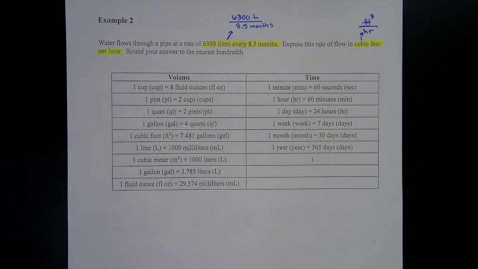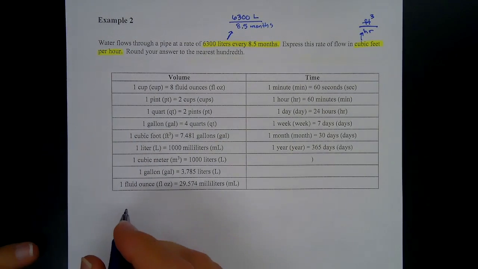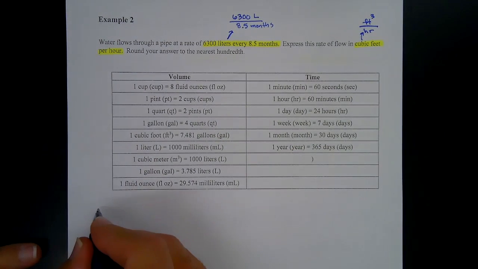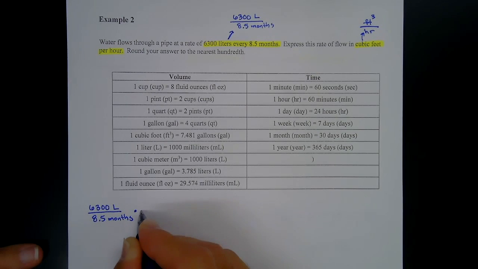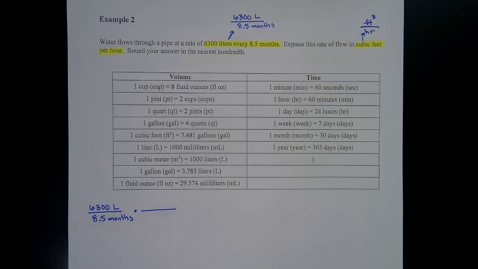All right, so here we go. So we have 6,300 liters over 8.5 months, and then times. It doesn't matter which one you start working on first.